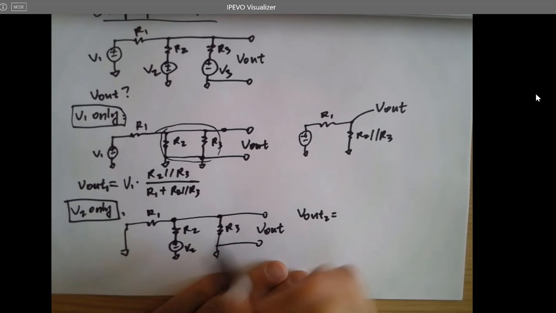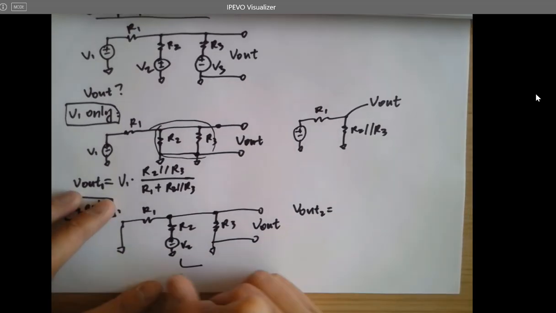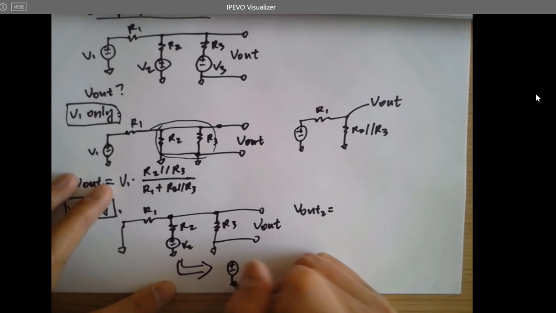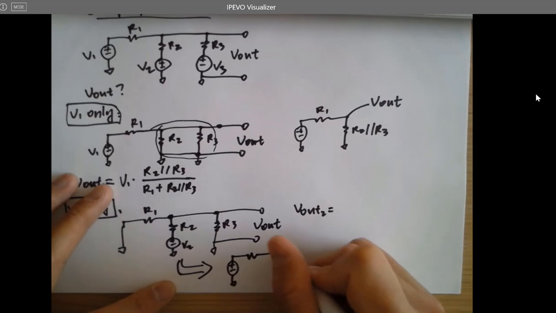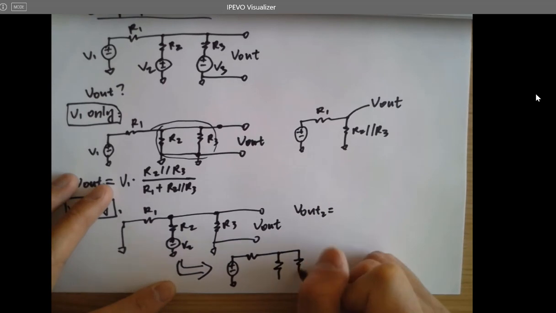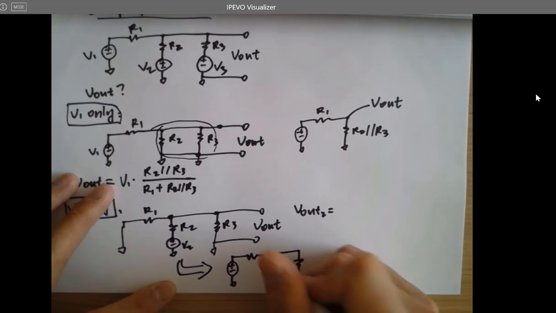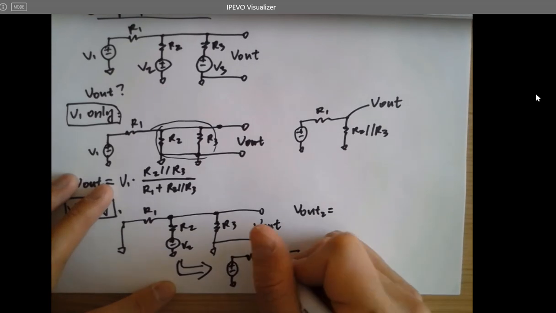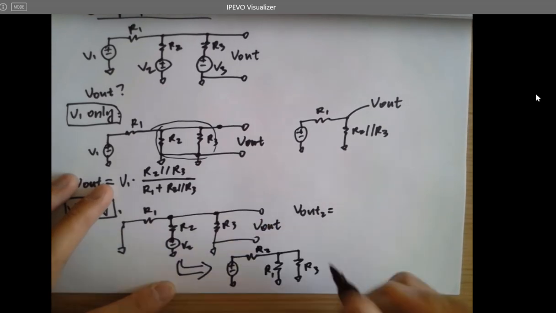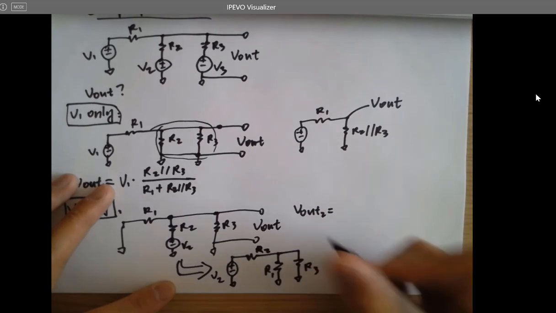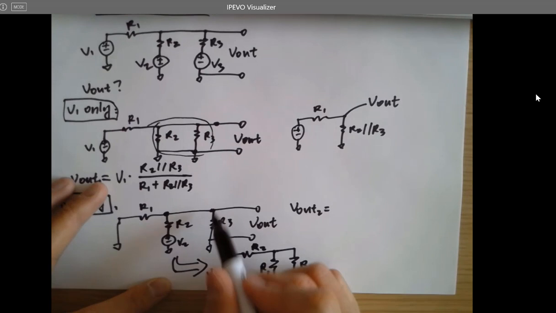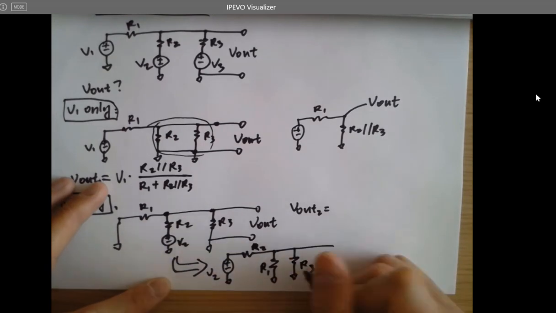We can convert this circuit to something like this: that's R1, that's R3, that's R2. Here's V2. VL is still the voltage drop across R3, so you can still do that.